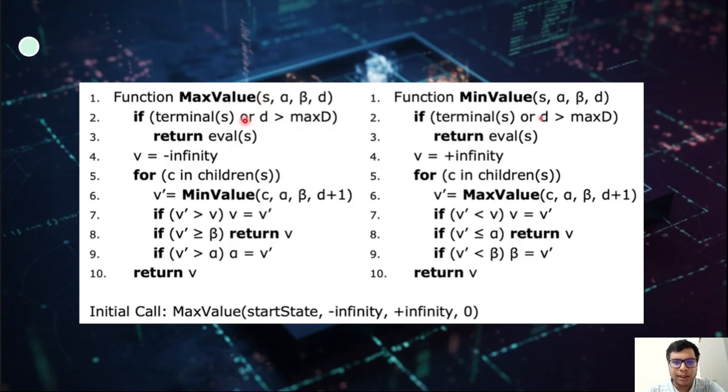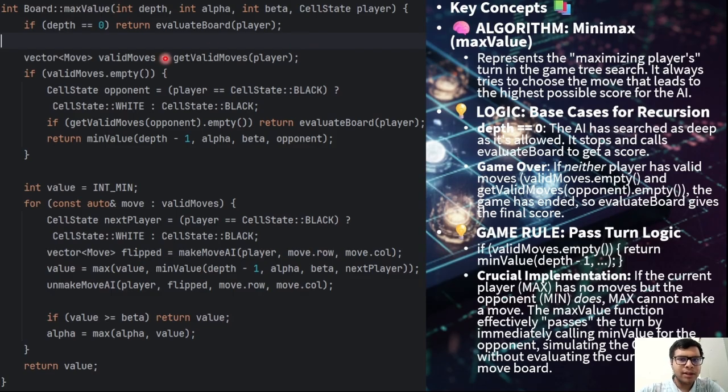So if we have exceeded that, we return the evaluation of x. But here we are given the depth limit max d, and we decrement it as we move on. So when it becomes 0, we have traveled through the depth, it returns the evaluate board function. We have defined the evaluate board function already.